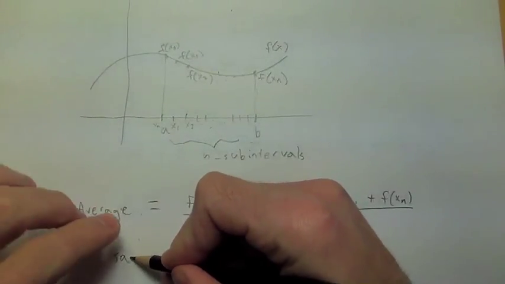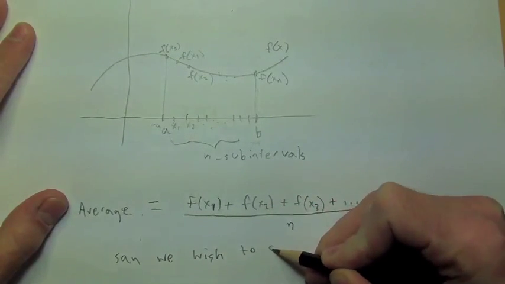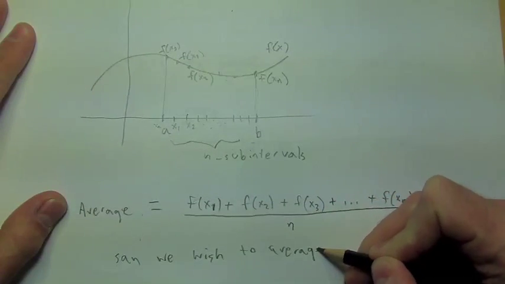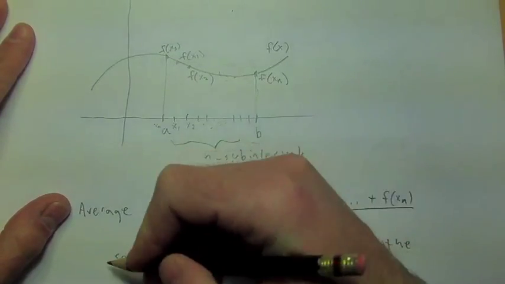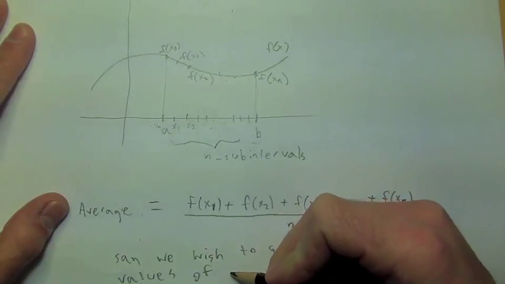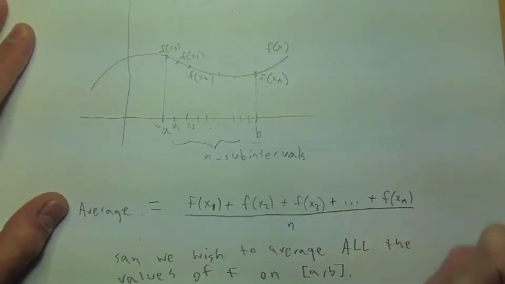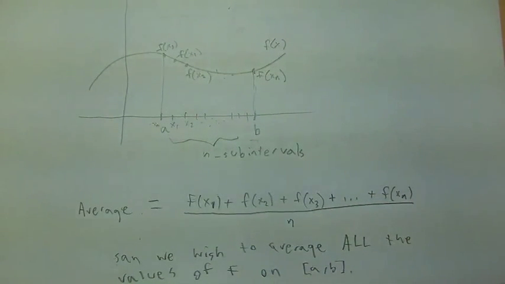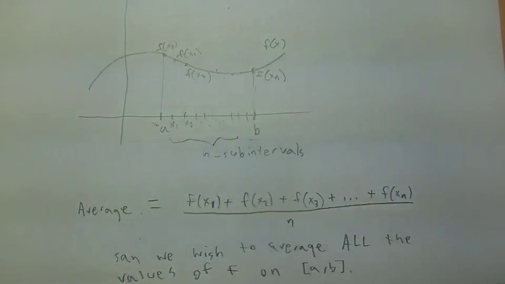Okay, so let's say we wish to average all the values of f on a to b. Well, if we would like to do that, essentially what we're going to do is take the limit as n goes to infinity of this average of n elements.